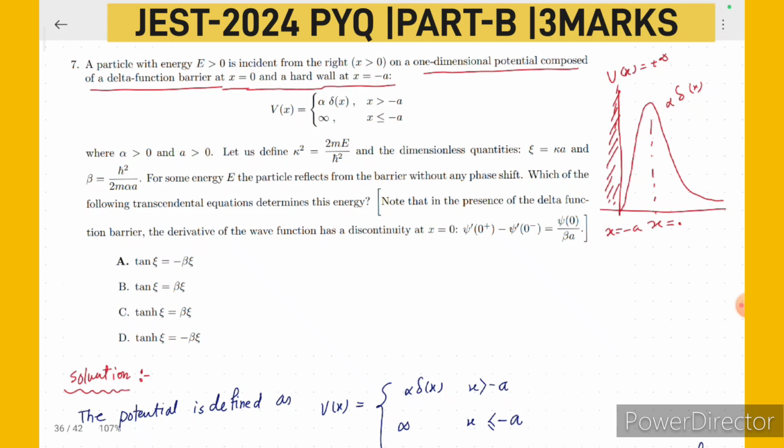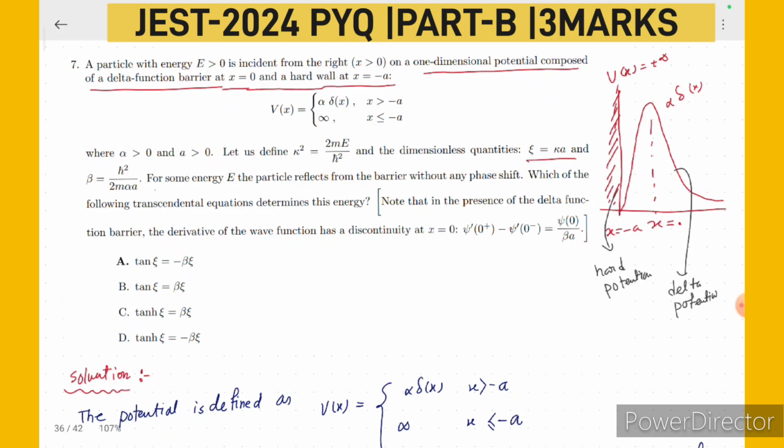This is the hard potential, and this is the delta potential. α is greater than 0, a is greater than 0. Let's define k² equals minus 2mE/ħ², and the dimensionless quantities ζ equals ka and β equals ħ²/2mαa. These are some constants.